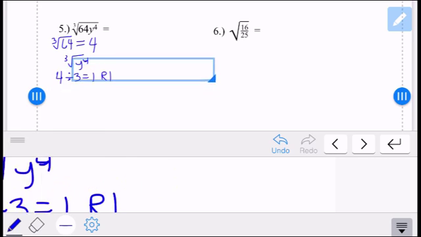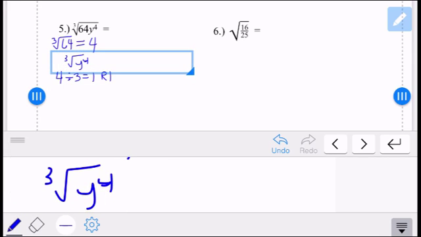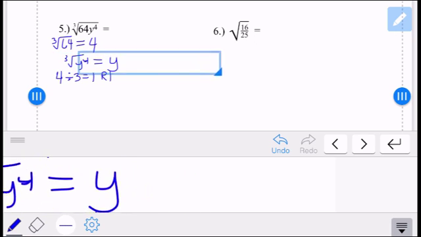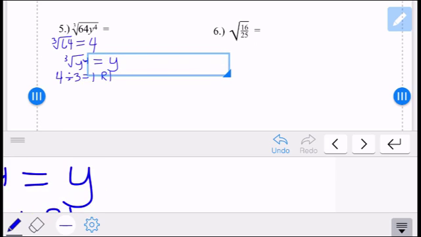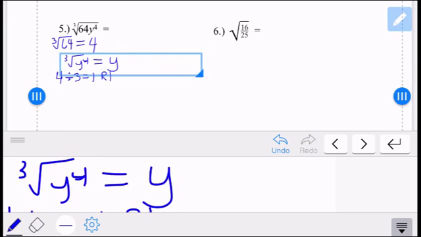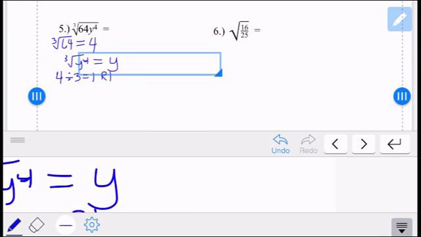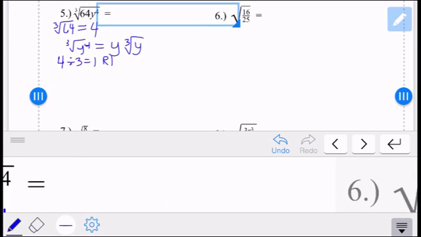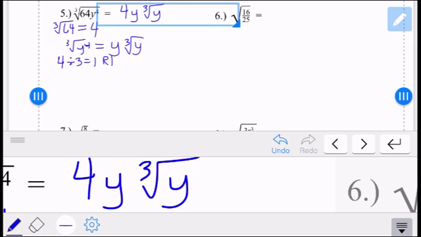So there's one group of 3 y's inside of that y to the 4th. So one y can come out, because y cubed is a factor of y to the 4th. But then there is one y left over that needs to still be in the cube root. So when we put that together, what we've got is 4y and then the cube root of y left over inside.